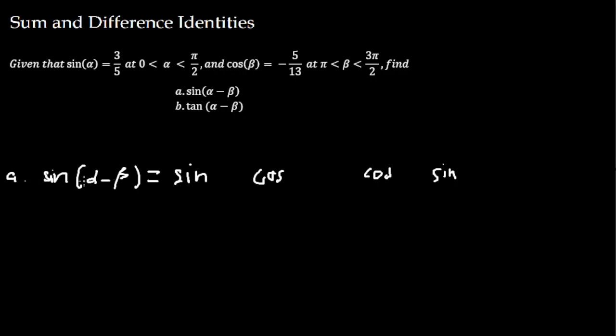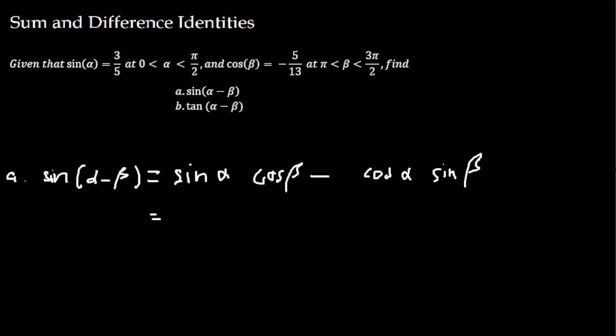Then the operation between them will be the same as the operation inside the parentheses. So since it's minus, we use minus as well. Now it's just a matter of writing alpha and beta in our equation. Now we substitute the known values.